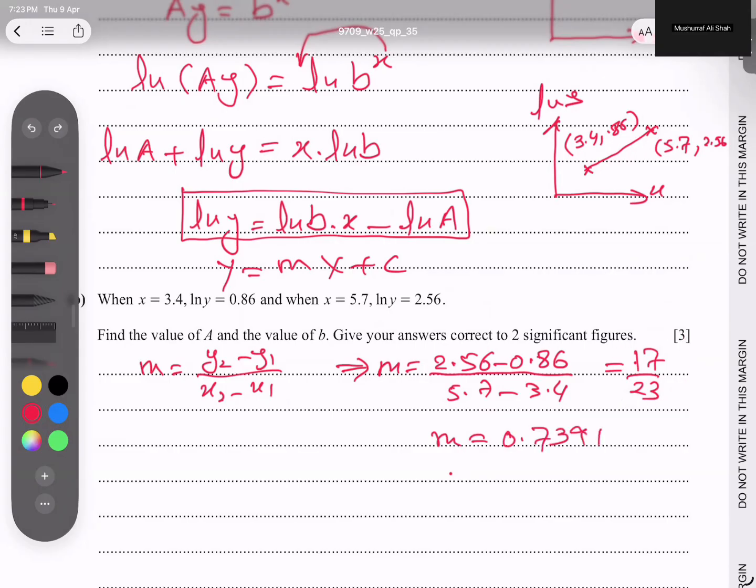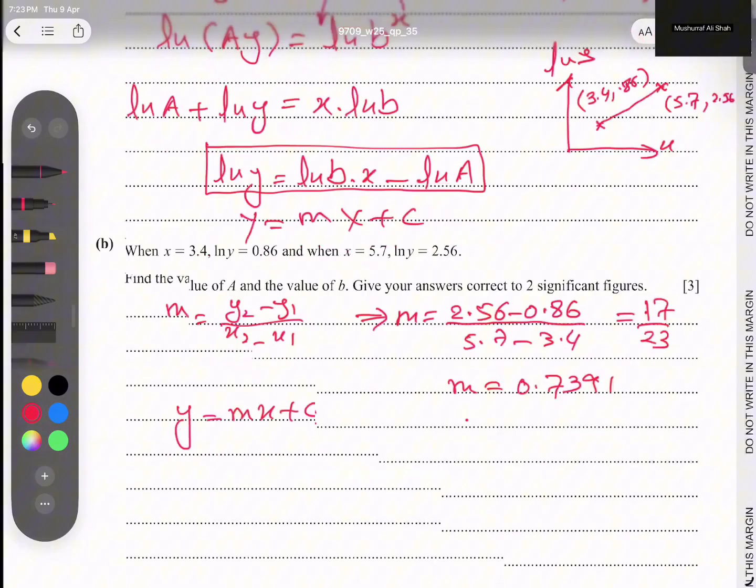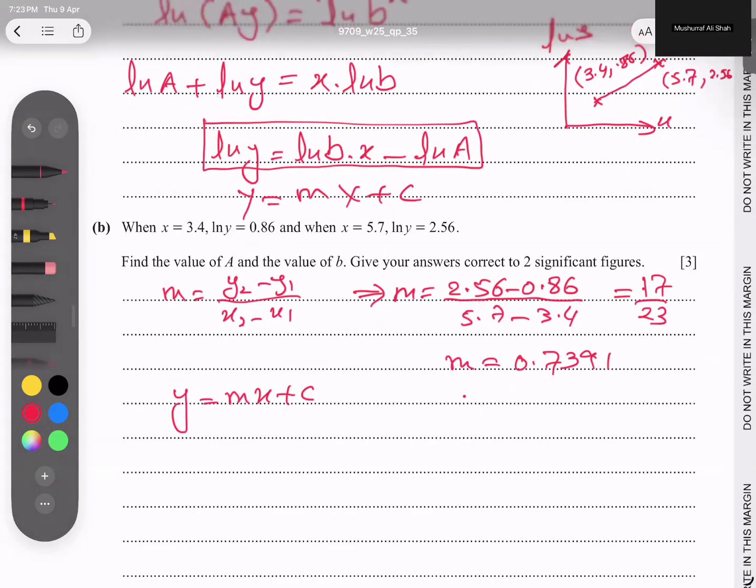So student, let's talk about the other one, and how to get the y-intercept. y is equal to mx plus c. I'm using 17 by 23 in the place of m, and x and y I can use from any one pair, this pair or the other pair. So 0.86 I'm using in the place of y, and the x value 3.4, plus c.